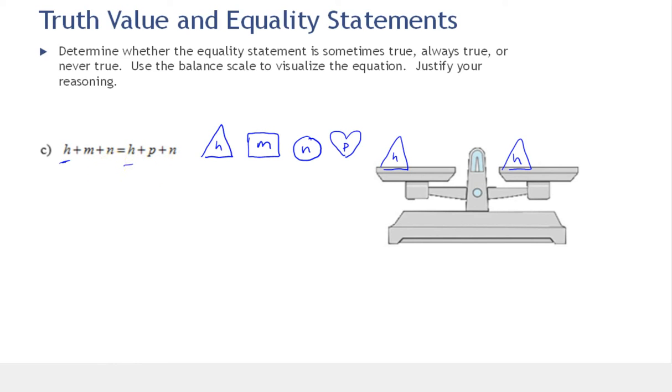They both have an N, so I'm going to put an N on both sides of the scale, and it's currently balanced. Now the left-hand side has an M, the right-hand side has a P. Let's hover these up here.